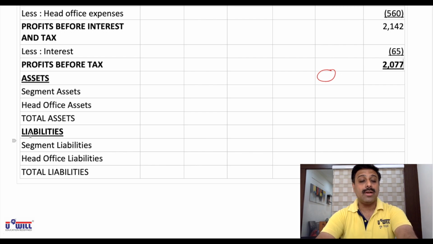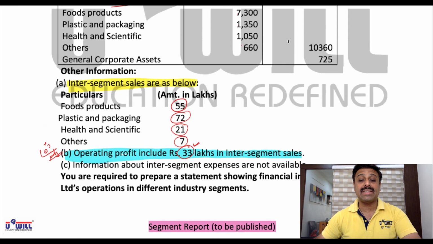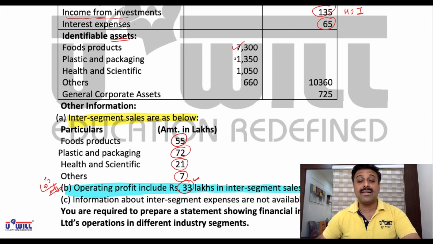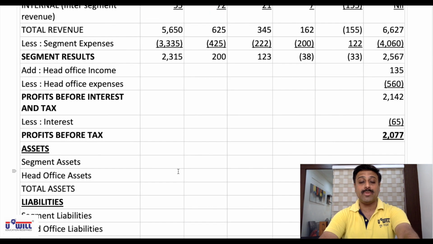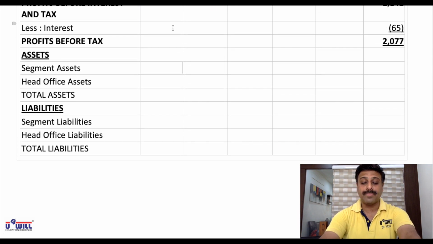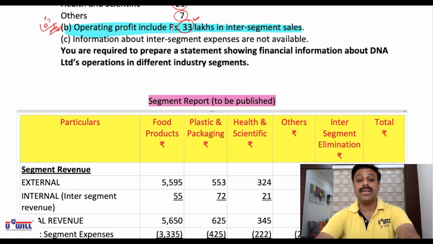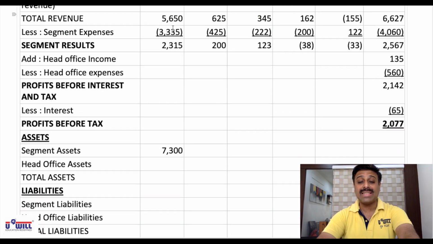2077. Now segment assets. Okay, what are the segment assets directly given to you? 7300, 1350, 1050, 660. 7300 food products. Then 1350 plastic and packaging.